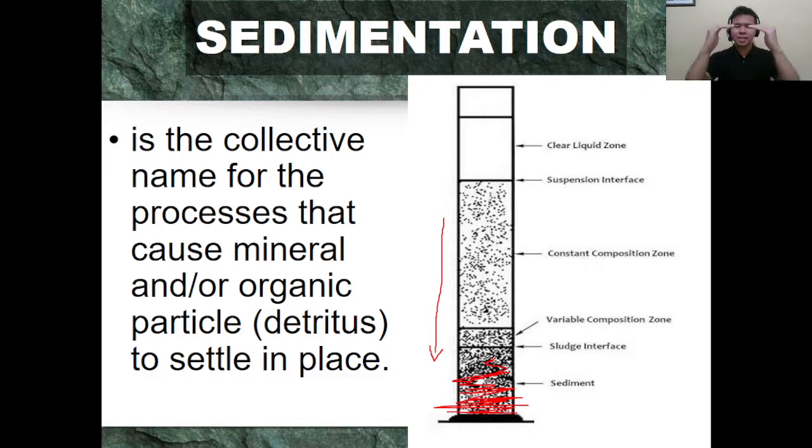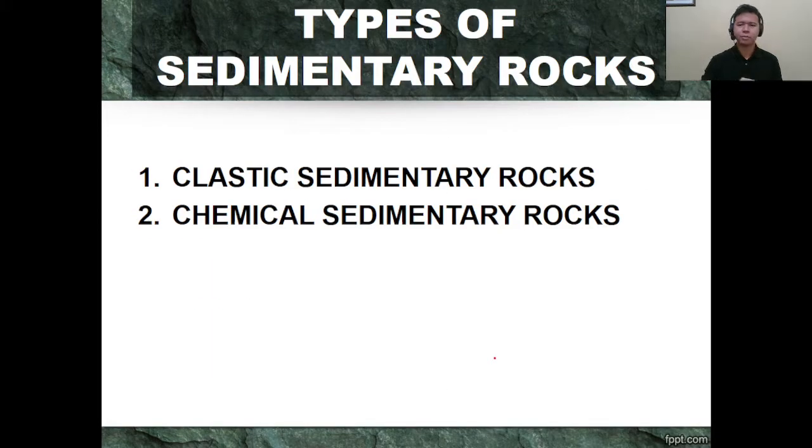Okay, so it has something to do with the weight of the sediments above the other sediments. So they tend to push it, squeeze it, and cement it with the help of water, giving rise to the sedimentary rock.